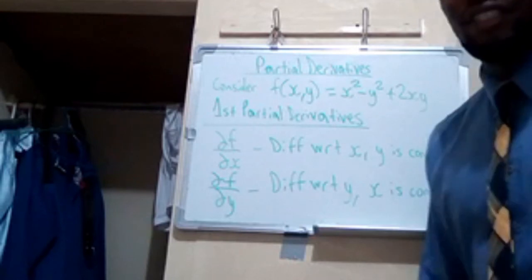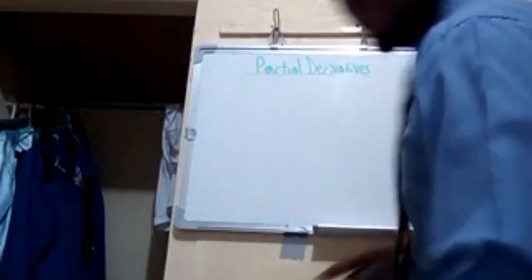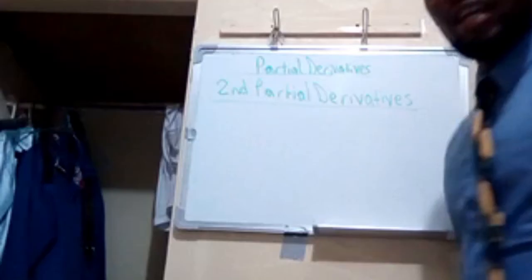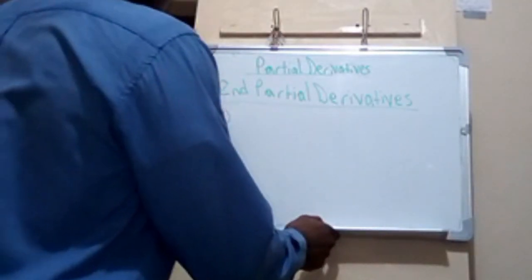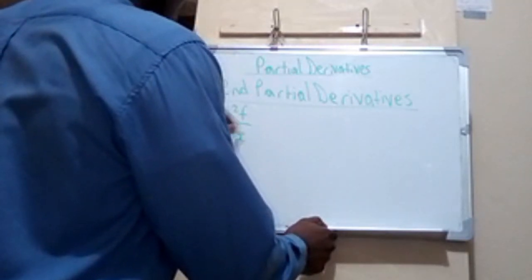The next thing we have is the second partial derivatives, and there are four of them. The second partial derivatives are given by del 2f upon del x squared.